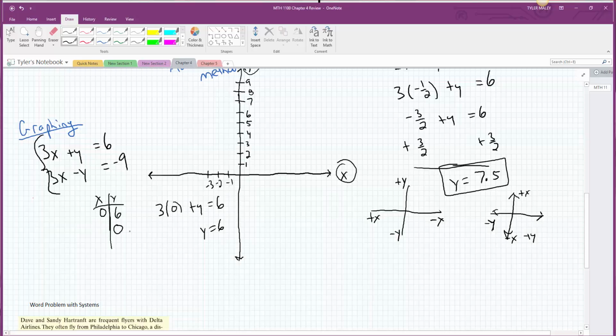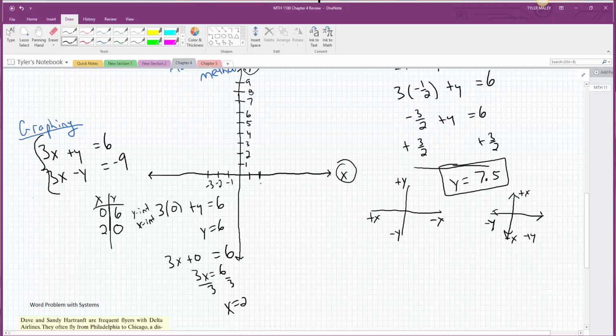Then if I put 0 in for y, that would give me 3x plus 0 equals 6. So 3x equals 6, divide both sides by 3, and I get x equals 2. So (2, 0). This is my y-intercept, and this is my x-intercept. So I can graph these.